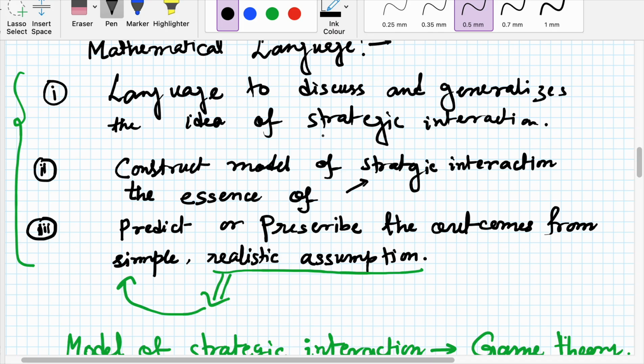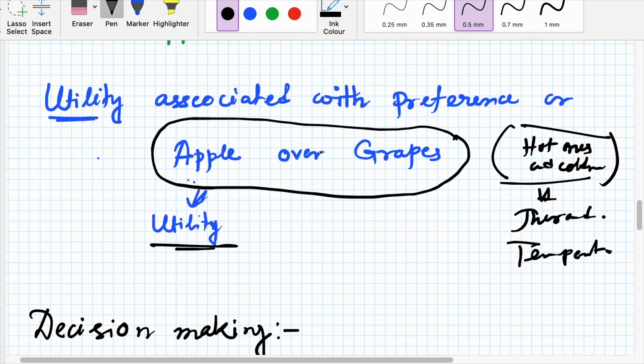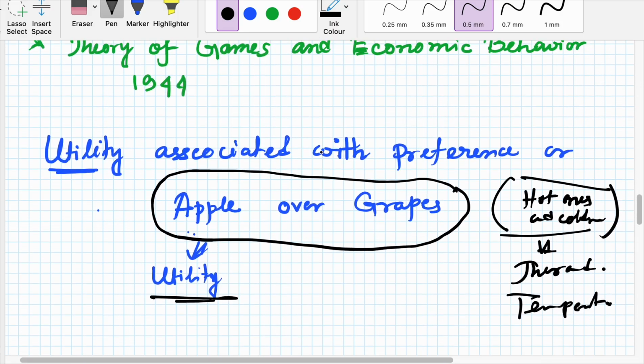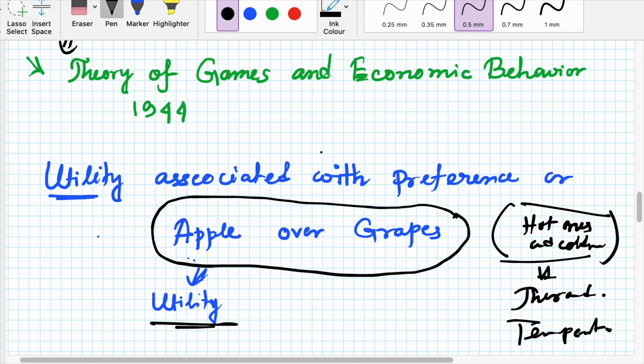Now, to model the conflict or to mathematize the interest, there are various theories which try to do so. But in game theory, the founding pillar is the utility theory.